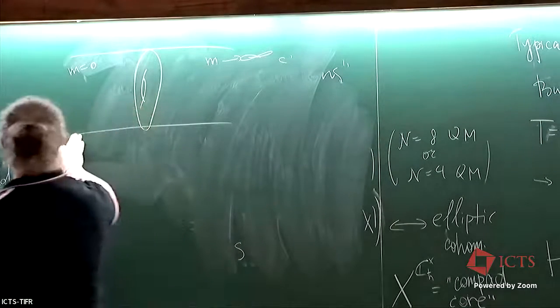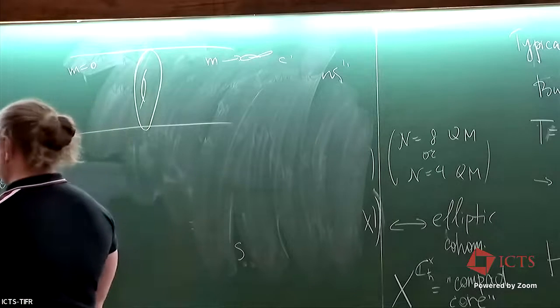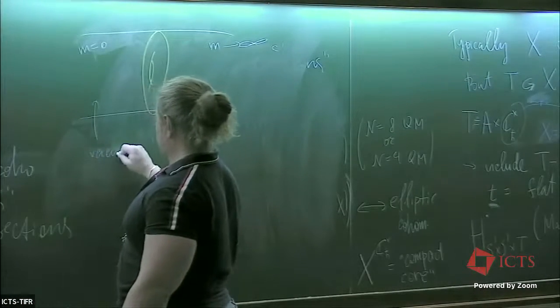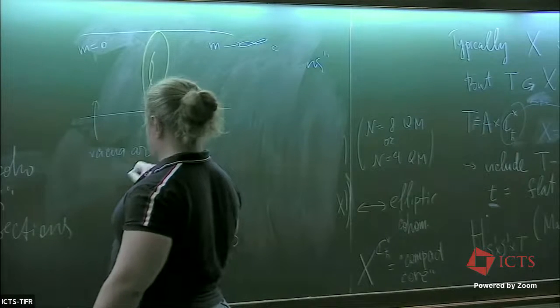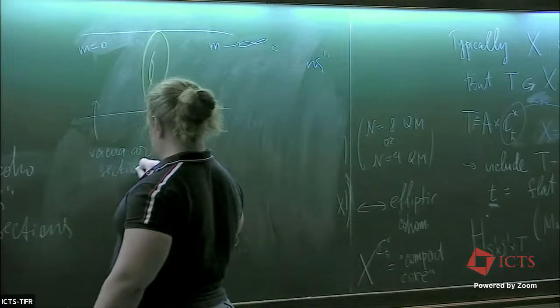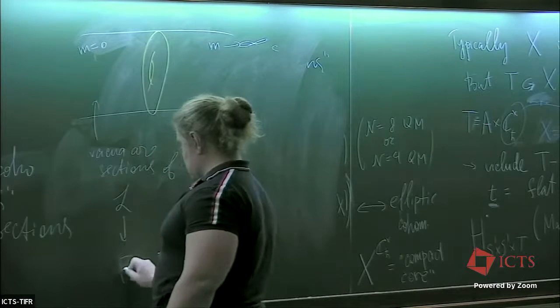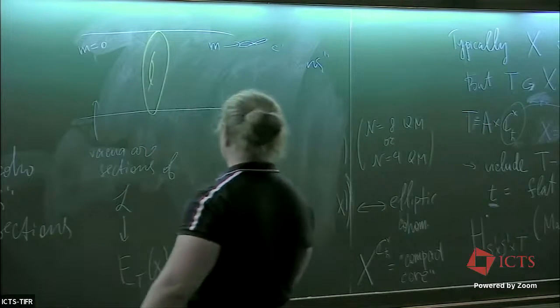Then here on the left, vacua are sections of this L over ET of X.